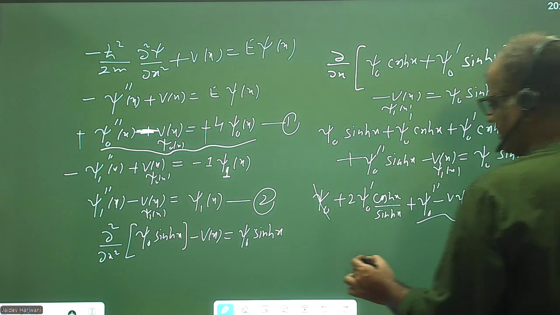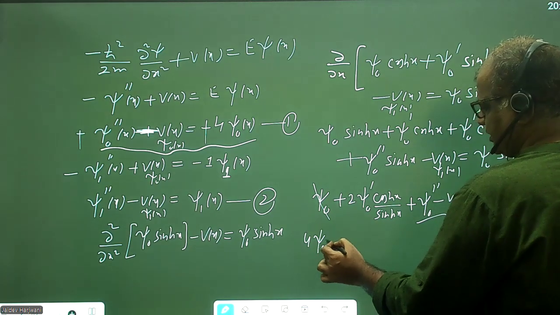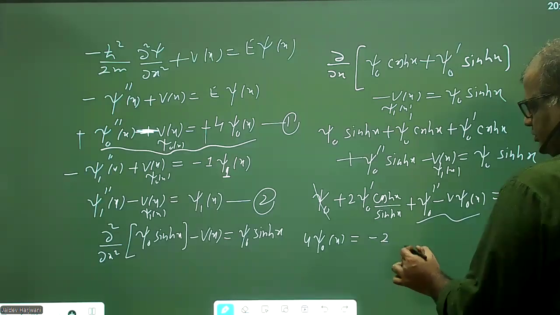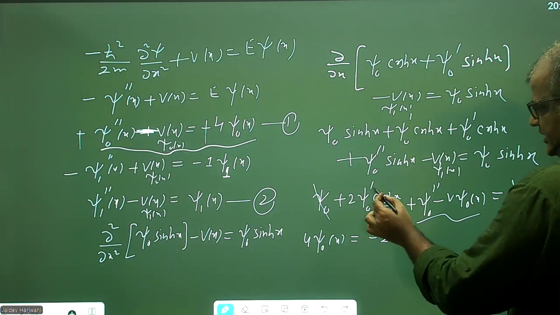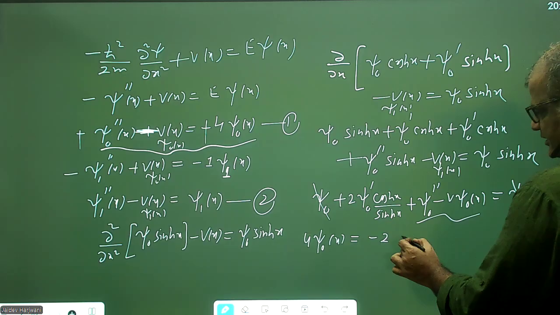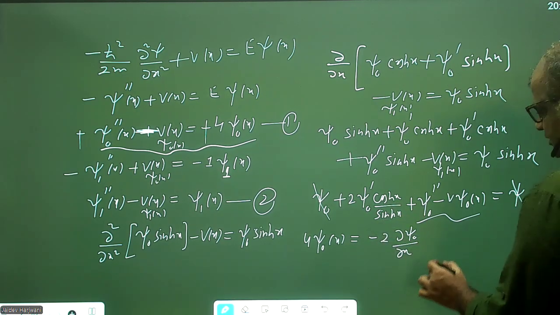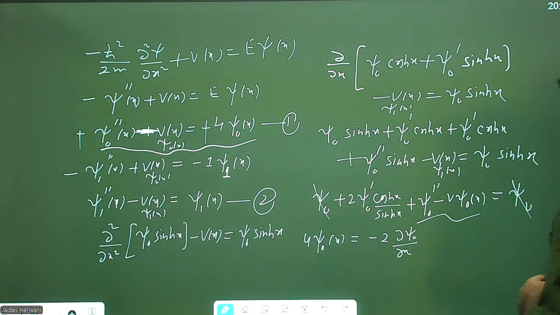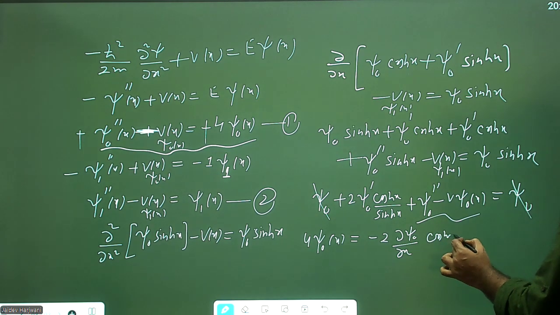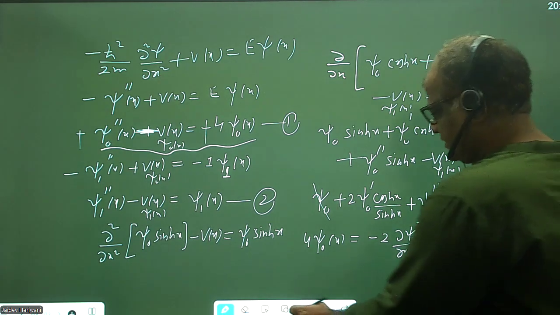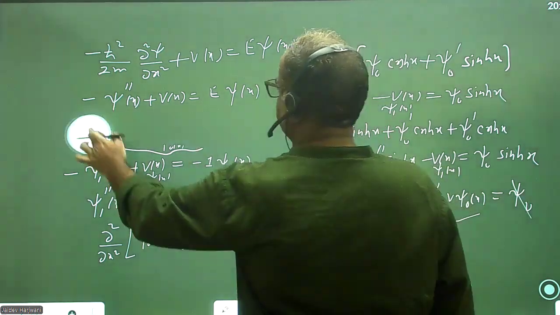So you have 4 psi naught x equal to minus 2 psi naught dash, that is del psi naught upon del x, times cos hyperbolic x upon sine hyperbolic x. Now we just have to integrate this equation.